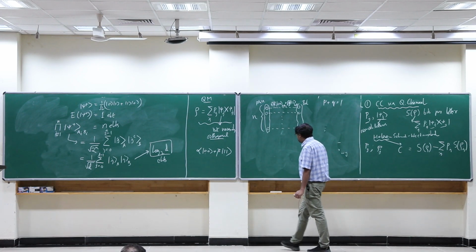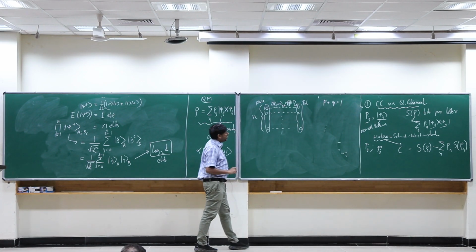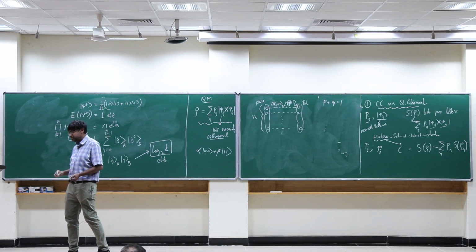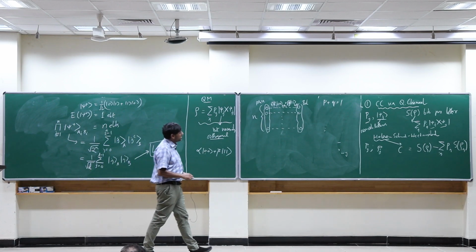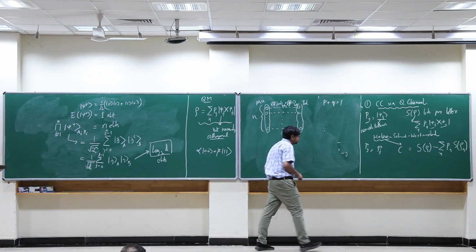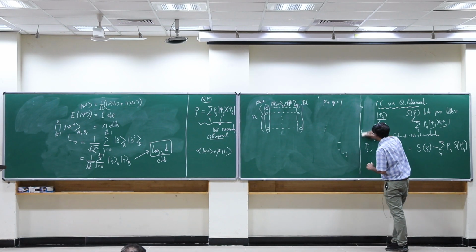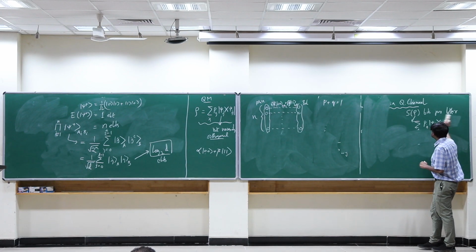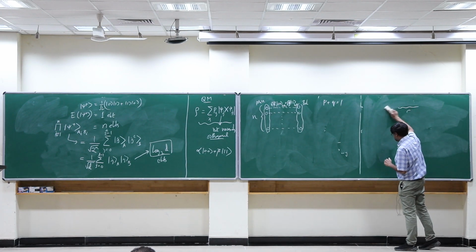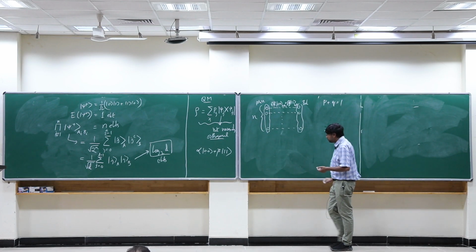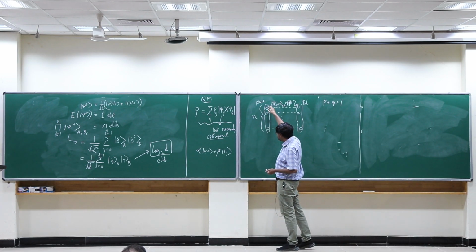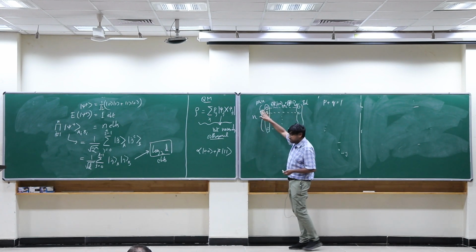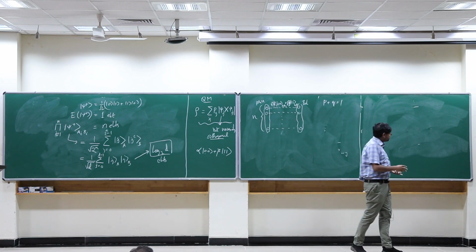Now, on each side. Sorry, I forgot to mention the reduced density matrix, which we will also need. So you see what we are asking here. What is the quantum state of one part, when we have a bipartite system? How do we find that?